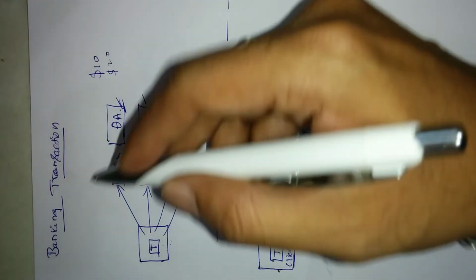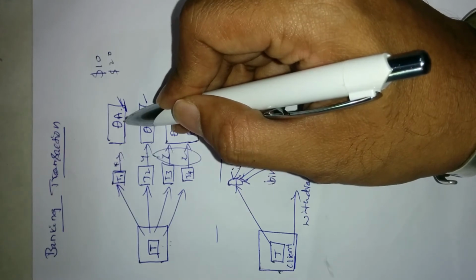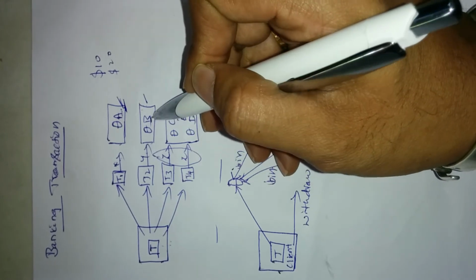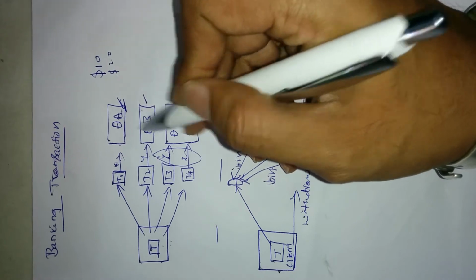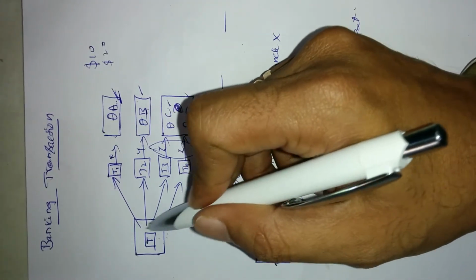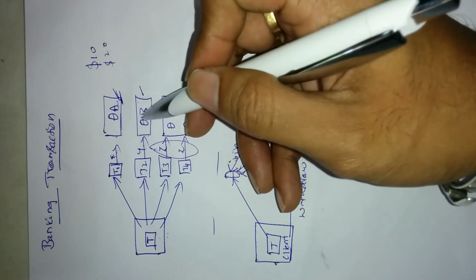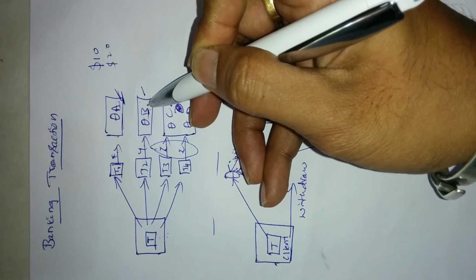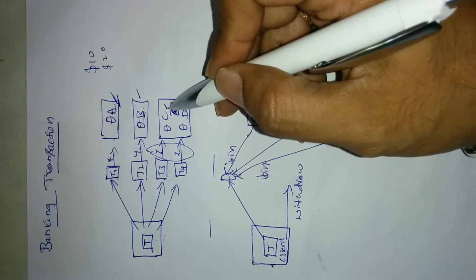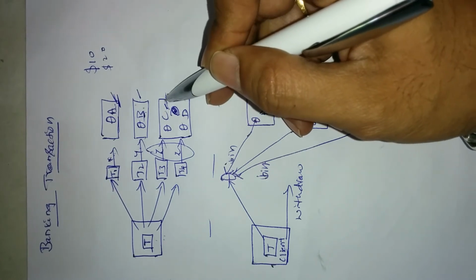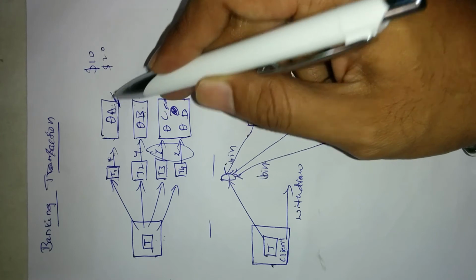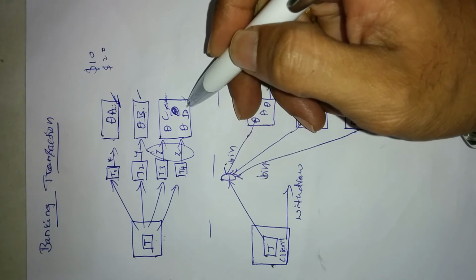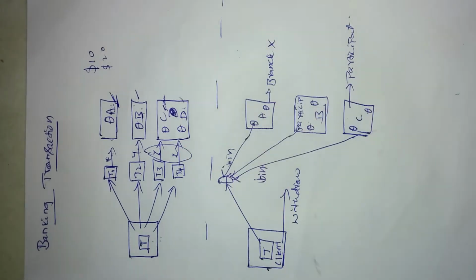In the sub-transactions, A is a withdraw of rupees 10 and B is a withdraw of rupees 20. Next, C is a deposit sub-transaction of rupees 10, since we withdrew 10 rupees and again deposit 10 rupees to C, and the deposit sub-transaction of rupees 20. This is a nested banking transaction.